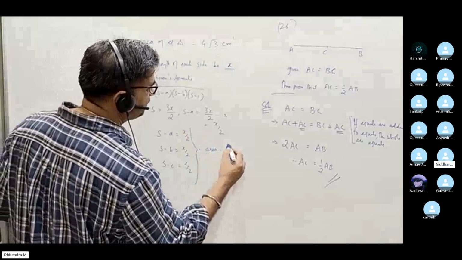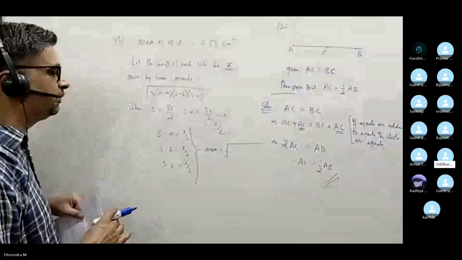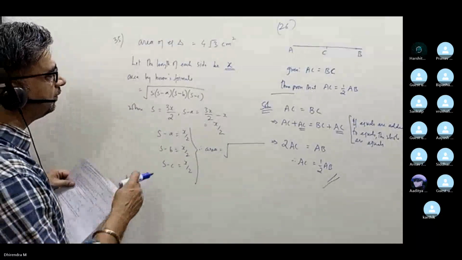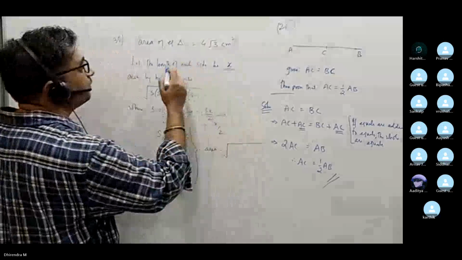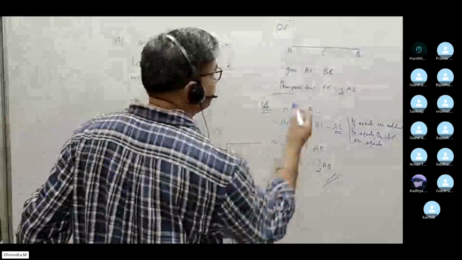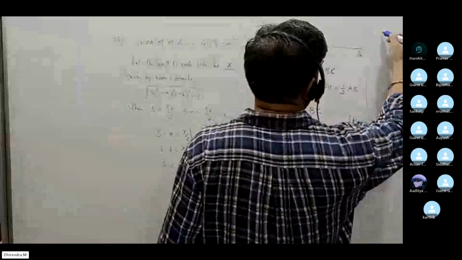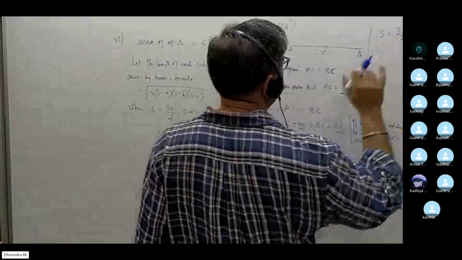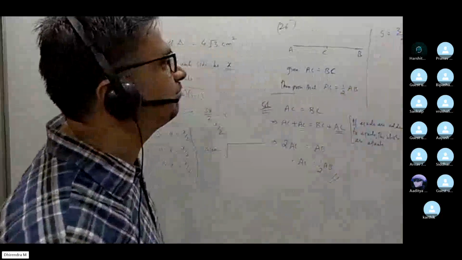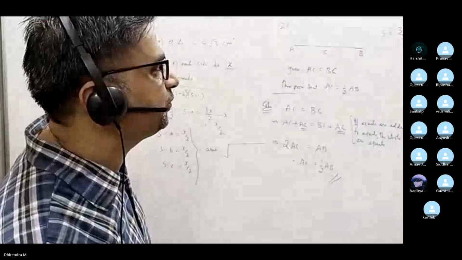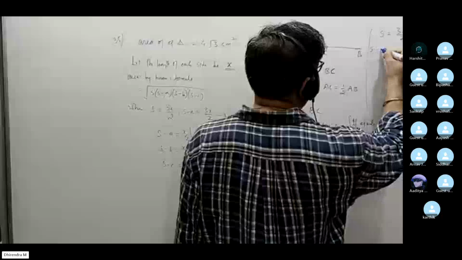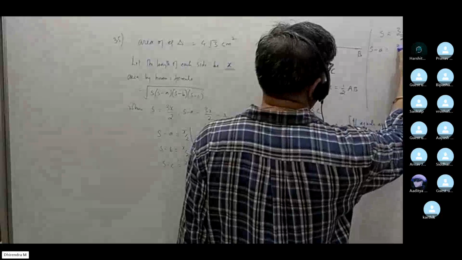Can you explain the area from S minus A? Oh, where did you miss it? Look, I'll explain here. The semi-perimeter is equal to 3X by 2. Is that clear? Now S minus A is what?